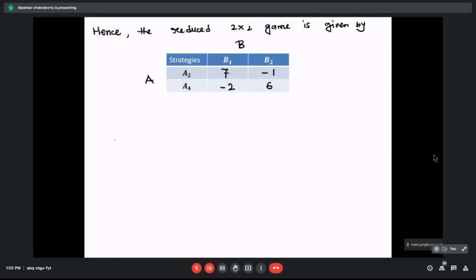Now, similarly, we are going to assume the strategies. Let us consider x2 and x4 as the probabilities for the player A, by which A plays his strategies A2 and A4. Similarly, y1 and y2 are the corresponding probabilities by which B plays his strategies B1 and B2. So now tell me what is x2?